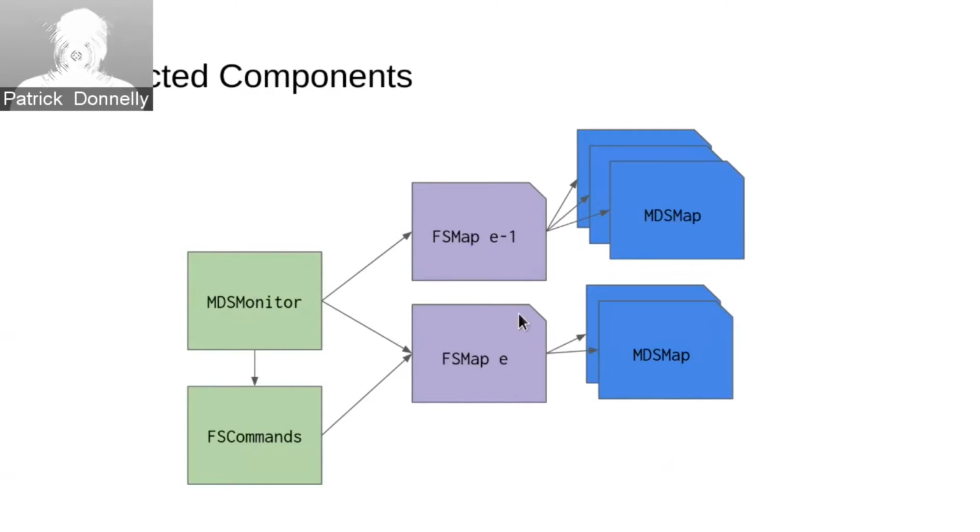So any changes to the current pending FS map are never revealed to clients or MDSs. It's only when consensus is reached by the monitors that we finally effect those changes, which may be telling an MDS that it's been removed from the MDS map, or updating clients about the new MDS map.